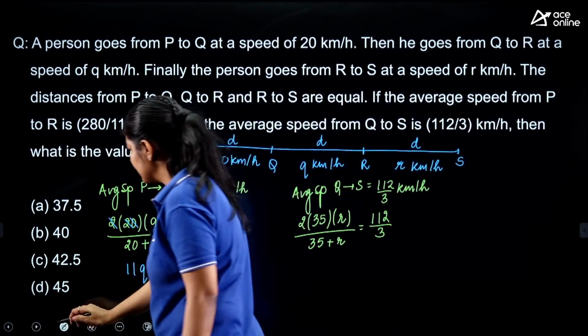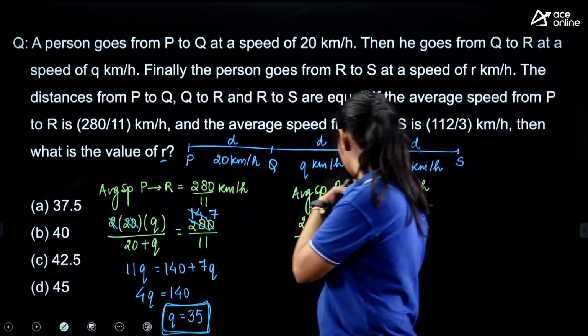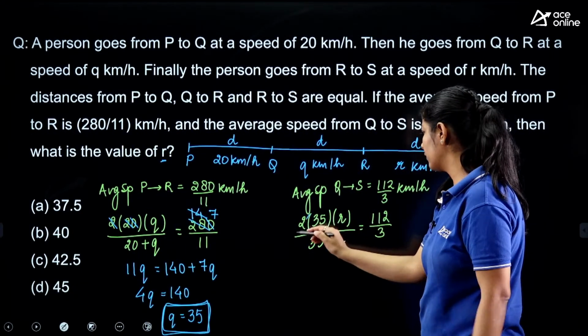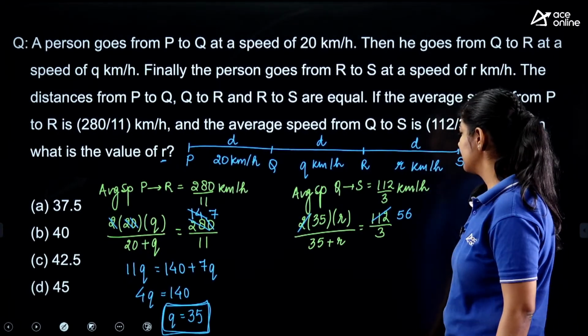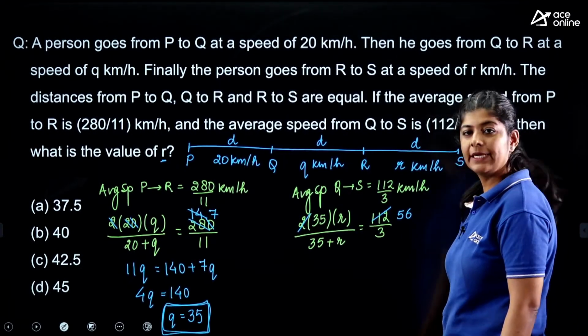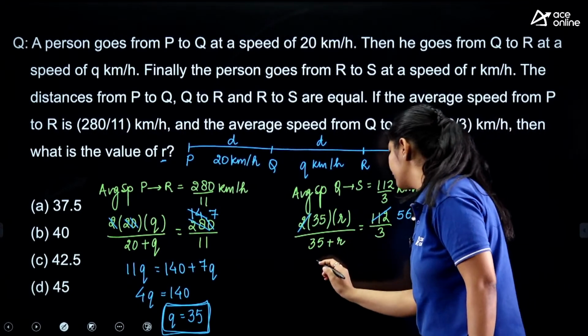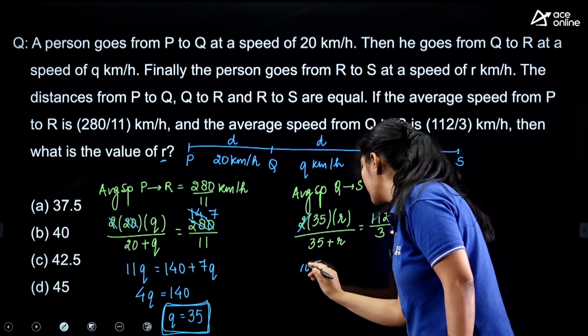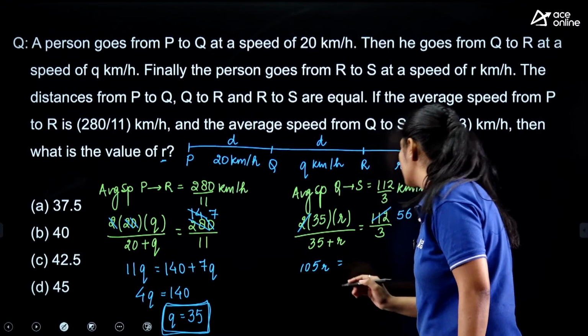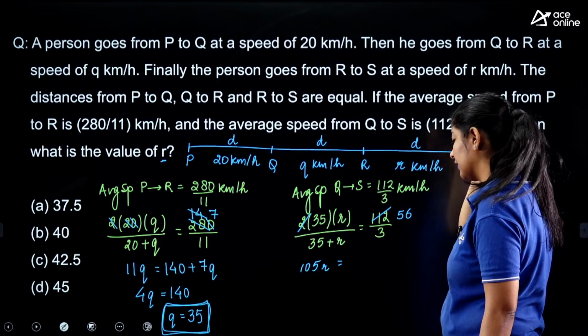Can we eliminate this? Yes, we can eliminate it with the help of 2 first. Here we get 56. Now we need to multiply: 105 r is equal to 56 into 35.